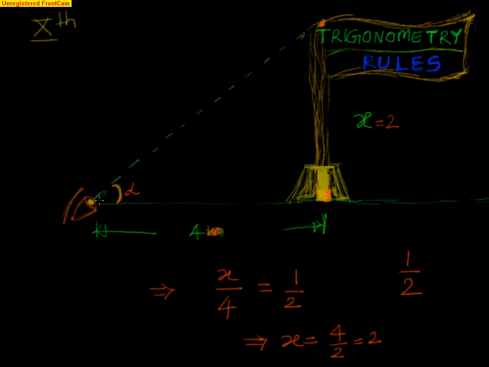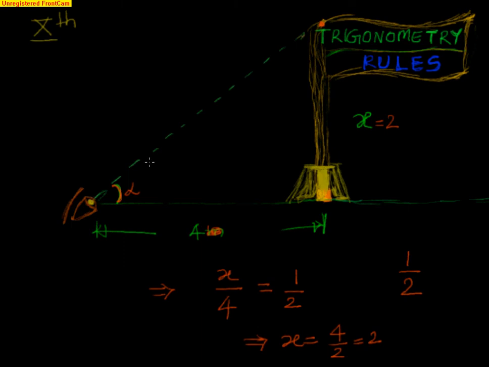Then you said, no, I don't know about that, but somebody just now told me that if you move 4 kilometers horizontally, you will be reaching the Trigonometry monument. So I know that my horizontal distance is 4 and I have to find out the tower.